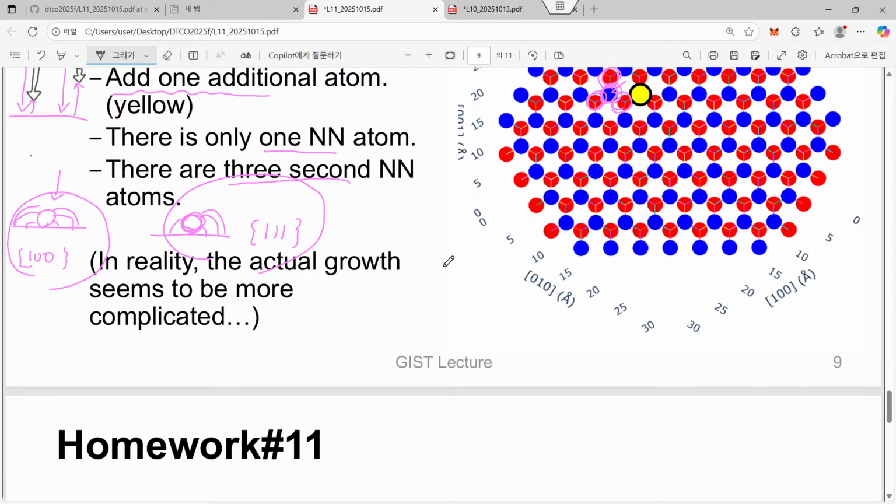But as I told you before, since we are using just a voxel based implementation, it's very difficult to consider perfect diamond steps, even for commercial tools.